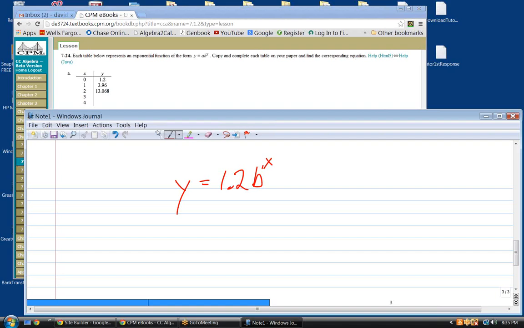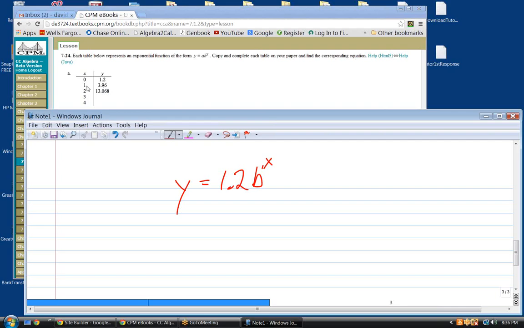In other words, if I plug in 3 for x right now, I don't know what b is yet. So that wouldn't do any good. I would not be able to come up with a value for y. So let's plug in another convenient point for x and see if we can figure out what b is.